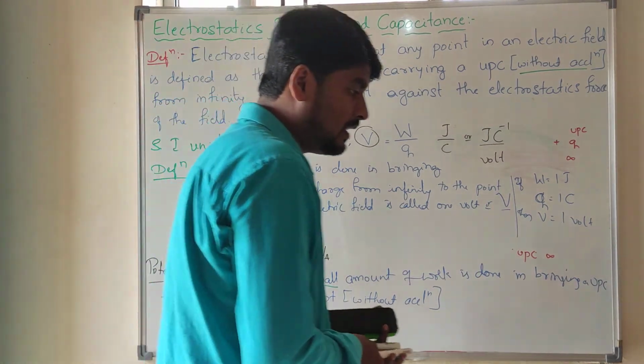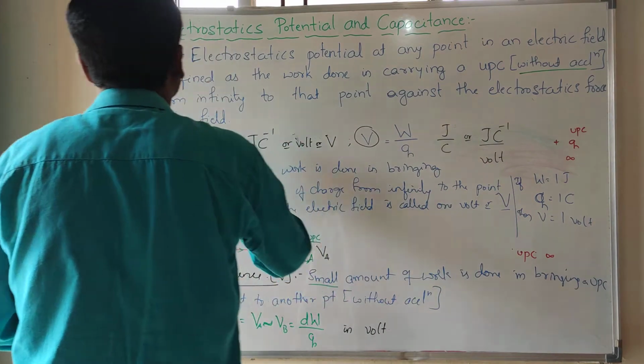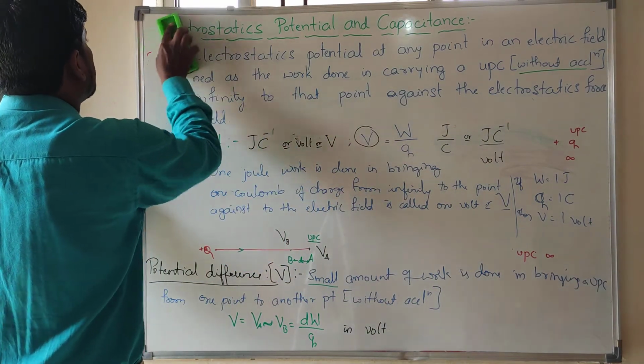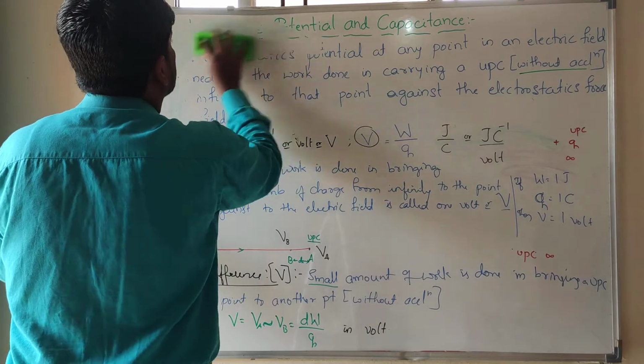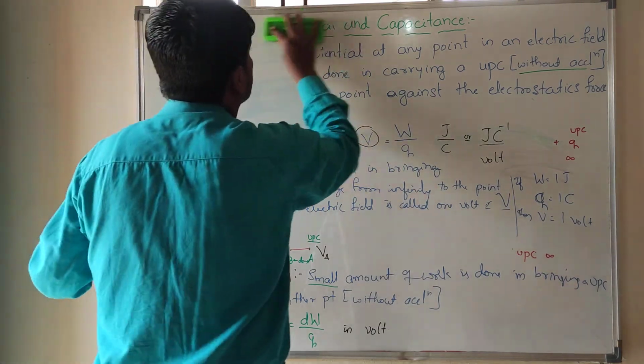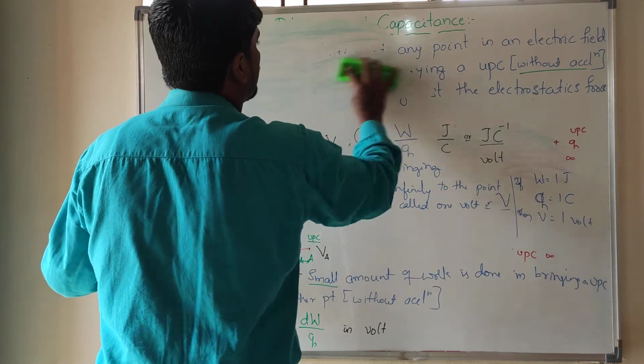Then if I write the SI dimensional formula for the electrostatic potential or potential difference, it goes like this.